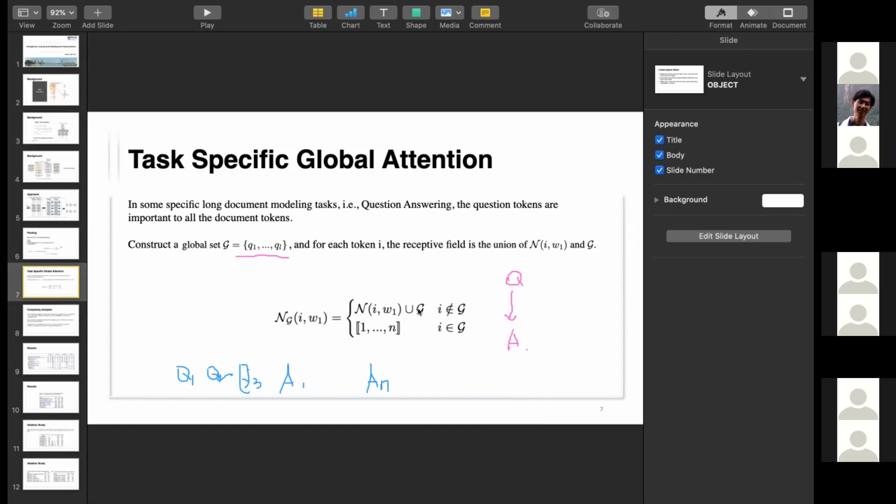In the self-attention mechanism, originally each token will attend to all the tokens in the sentence, right? In this paper, it will attend to the tokens in the sliding window. So here the change is that it will not only attend to the tokens in the sliding window, but also to all the tokens in the question, which is in the global set.